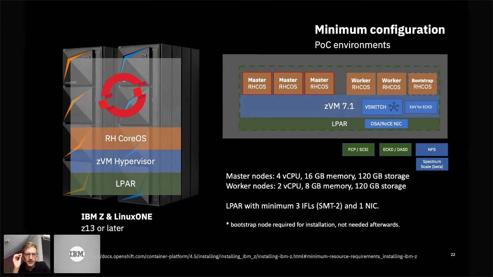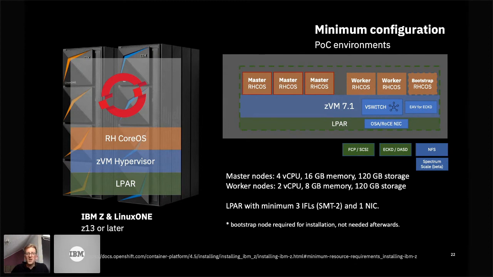you need 3 masters, 2 workers, and you are set. The master nodes have a minimum requirement of 4 virtual CPUs. The worker nodes can be a little bit lighter, and they can have like 2 vCPUs.